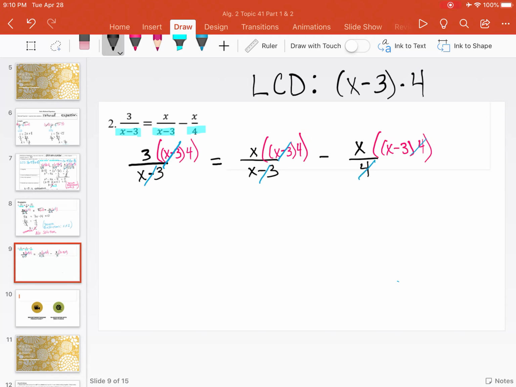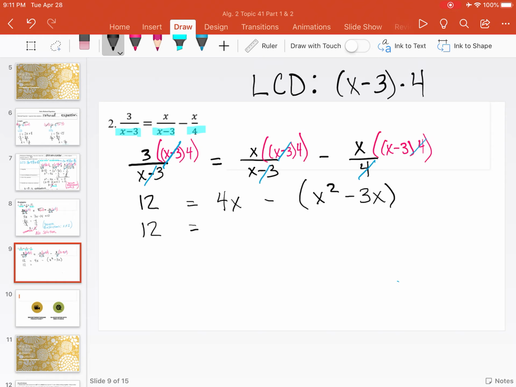So what we're left with is solely the numerators. Our new denominators have just reduced to 1. So we have 3 times 4, which gives us 12, equals x times 4, or 4x, minus x times x is x squared, x times negative 3 is negative 3x.